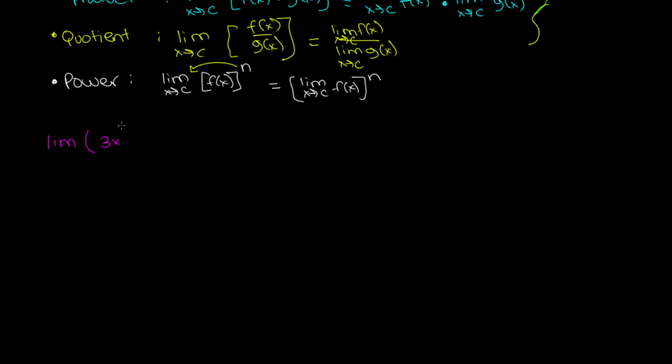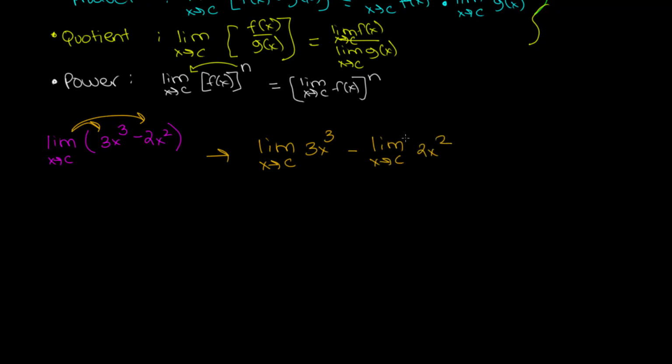So 3x cubed minus 2x squared. The first thing we can do is use our subtraction property, and we can apply this limit over to these 2 functions here. So we get the limit, as x approaches c, of 3x cubed minus the limit as x approaches c of 2x squared.